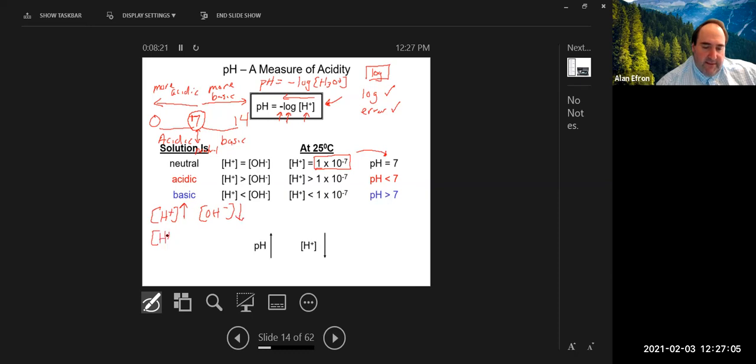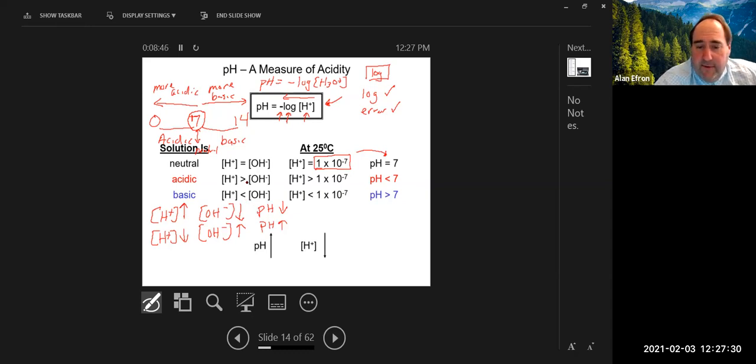As the H plus concentration goes down, the OH minus concentration will go up. As the H plus concentration goes up, the pH will go down. And as we see on the bottom there, the pH will go up if the H plus concentration goes down. Those are some important relationships.